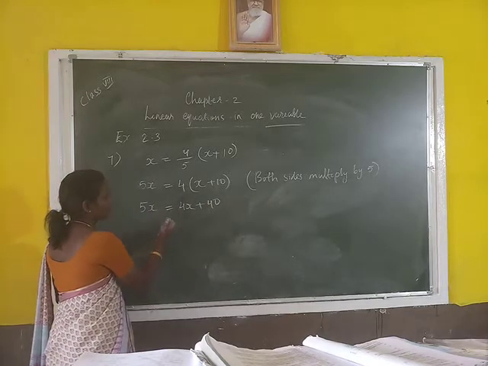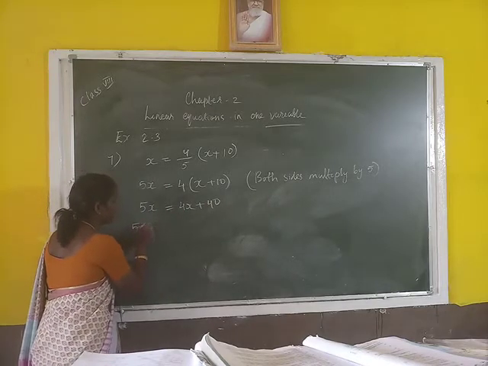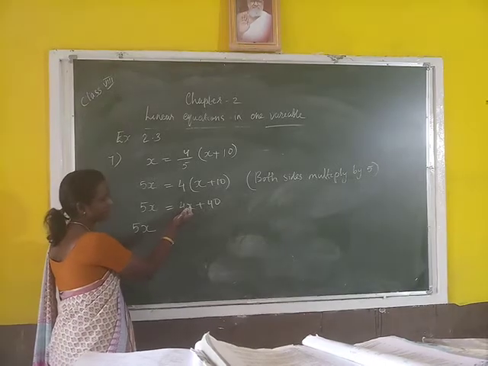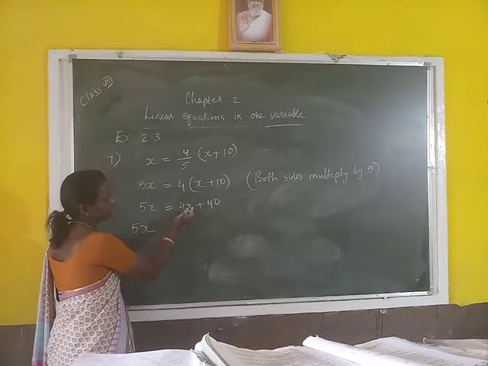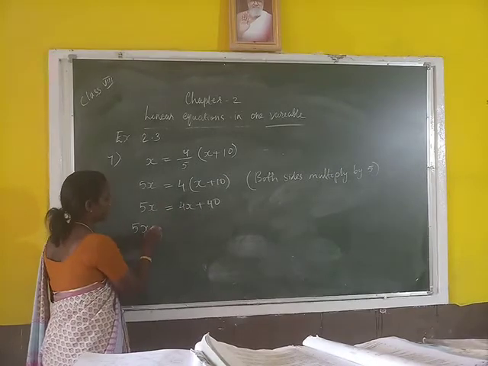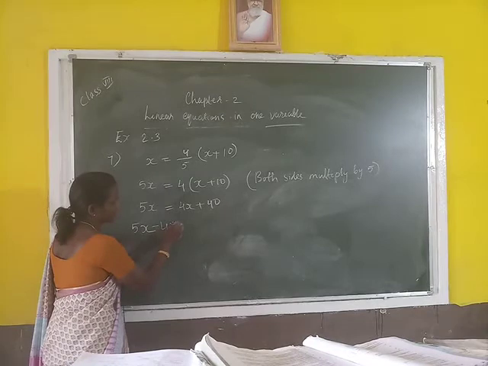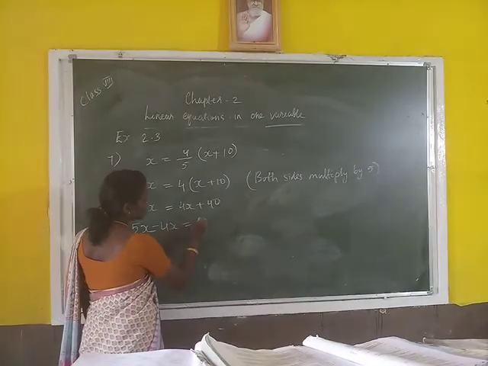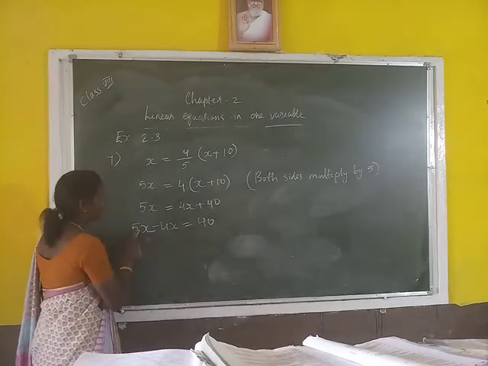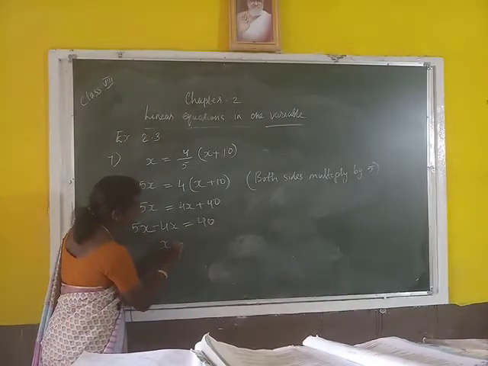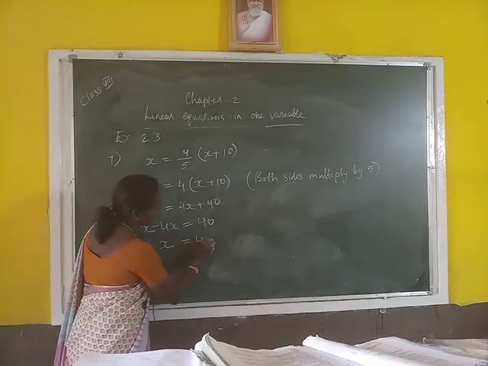Now look, this 5x and this 4x, which side? Right side. So this 4x goes to the left side, so the positive sign changes into negative. So 4x is equal to 40. Then 5x minus 4x, what is the answer? x. x is equal to 40.